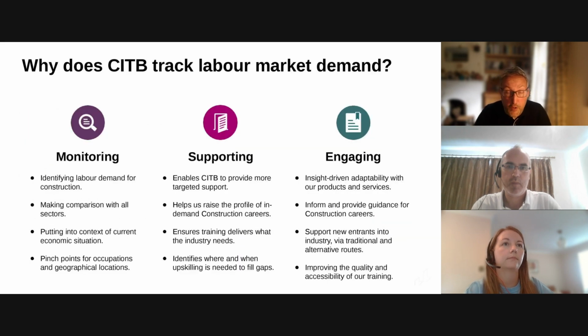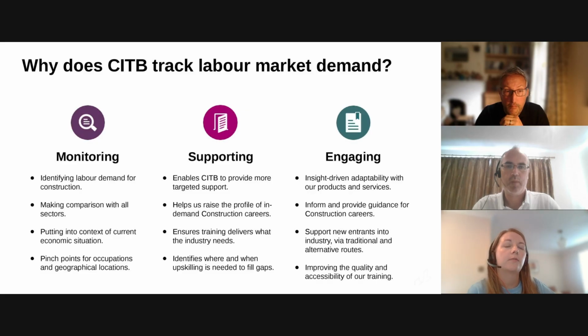And I'd like to pose a question, really, which is why is it important for CITB to track labour market demand? So Lightcast has helped us to better understand labour demand for the construction sector. It's allowed us to put this into context through comparisons with other sectors and with the wider economy.